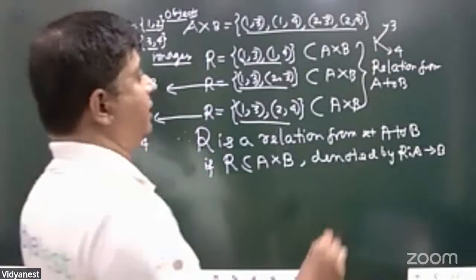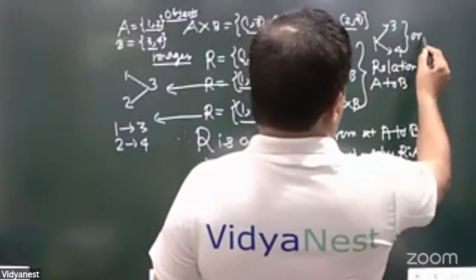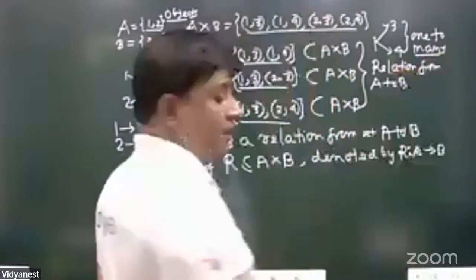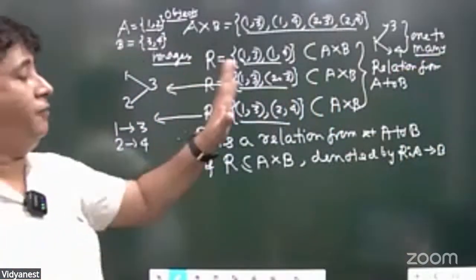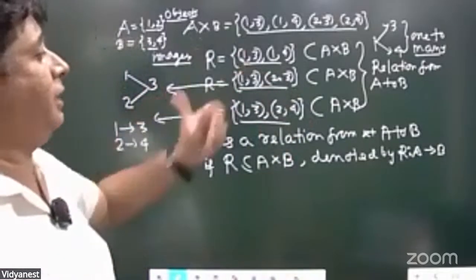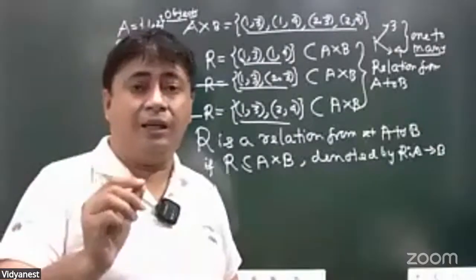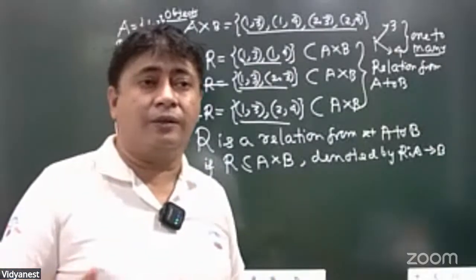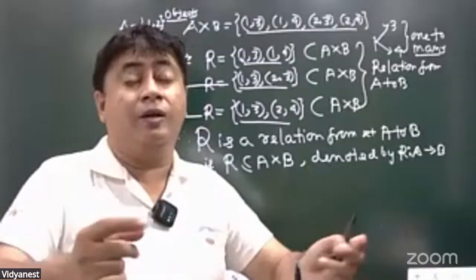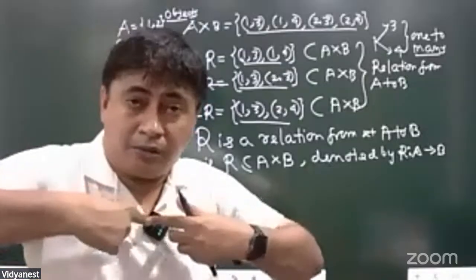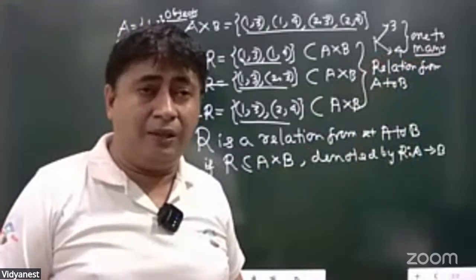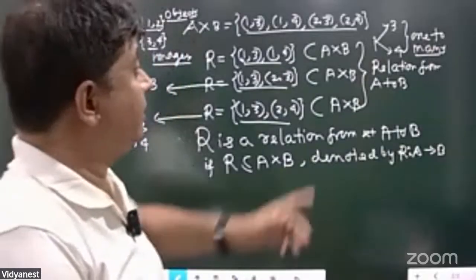So this relation is one to many. Can you give one relation in your daily life of such type? See, in a classroom, teacher is teaching math. One teacher is teaching a good number of students, means one to many. Understand? That is one to many relation.